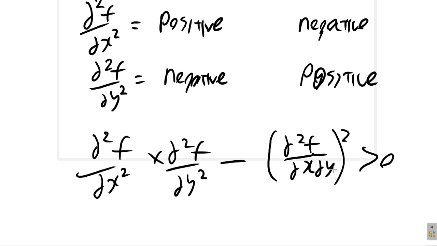Now, this is greater than 0, meaning that this is positive. If this is positive, then this must be the greater one. So if ∂²f/∂x² times ∂²f/∂y² is greater than (∂²f/∂x∂y) all squared, then you have a minimum or maximum.